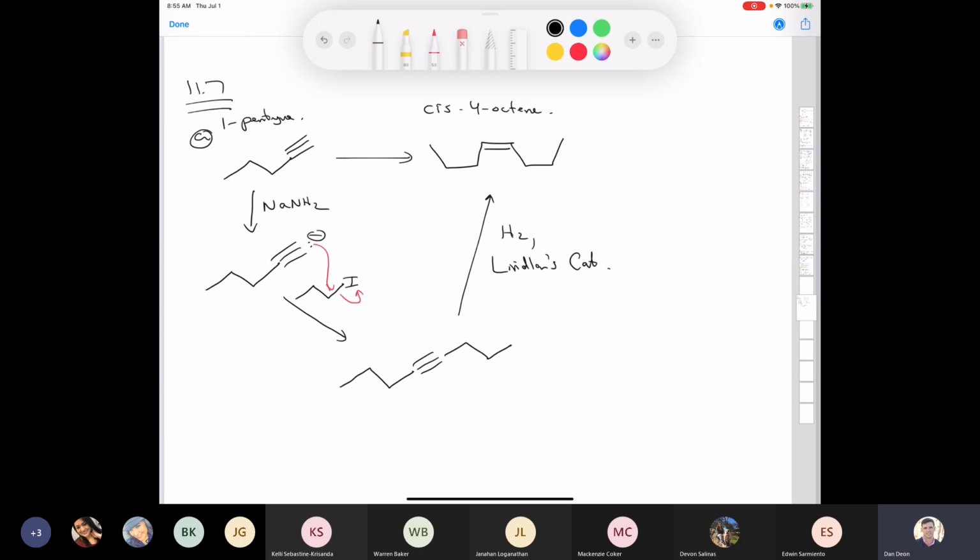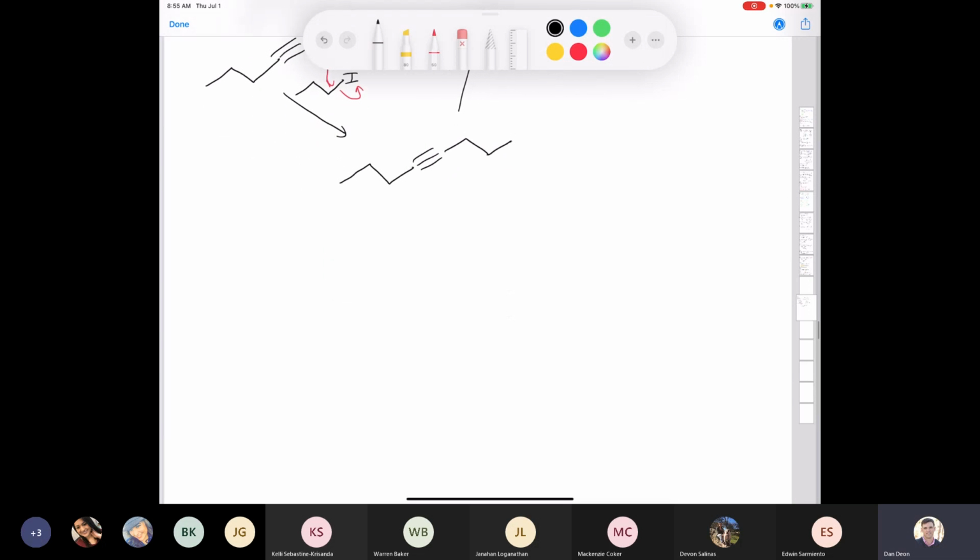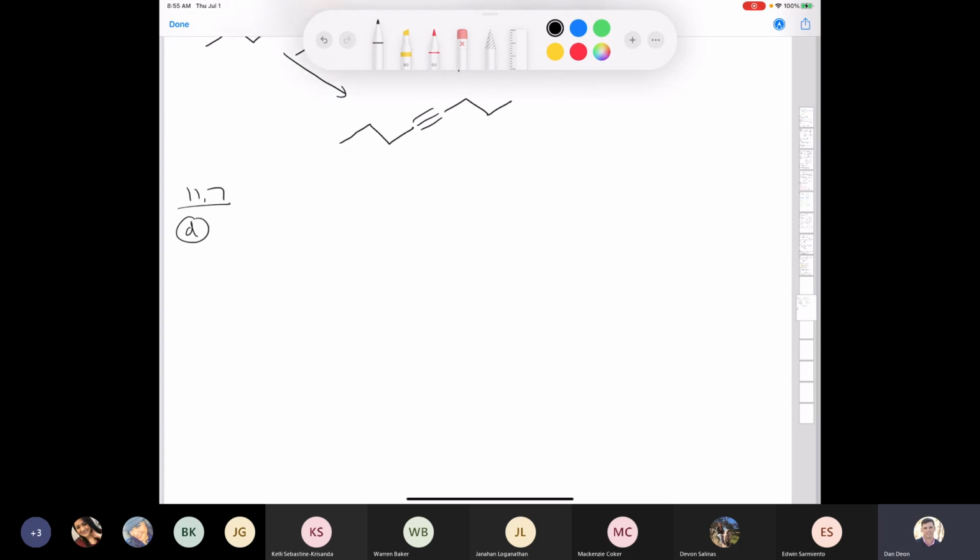All right. Next, we've got 11.7D. Take a look. This is D. We're starting out with this alkene. Didn't we see this alkene already today? I think we did. And then we want to make this compound.